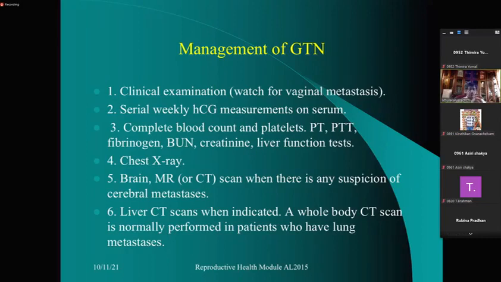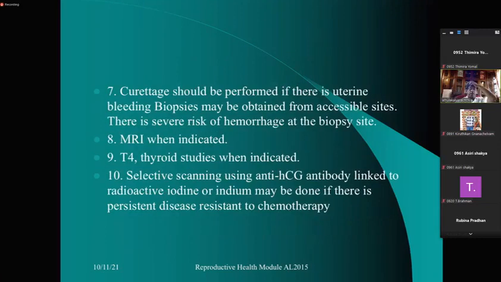So that's why all these tests that are mentioned here have been done, to see whether there is any spread to distant organs. Since this is a malignant one which is invading into the uterine muscle, you don't need to do curettages and take tissue from inside the uterus for histology.